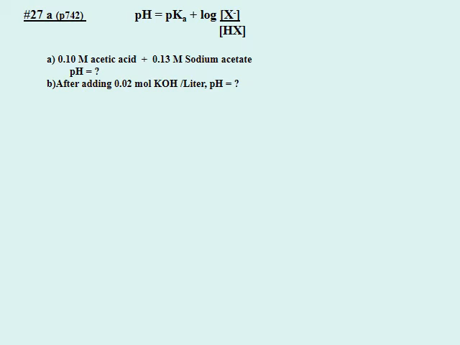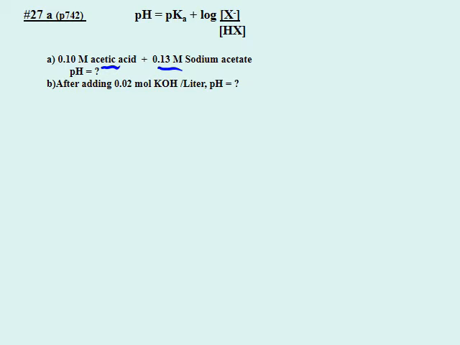We are going to do number 27A. This is again a buffer calculation, pH calculation of 0.1 molar acetic acid and 0.13 molar sodium acetate.